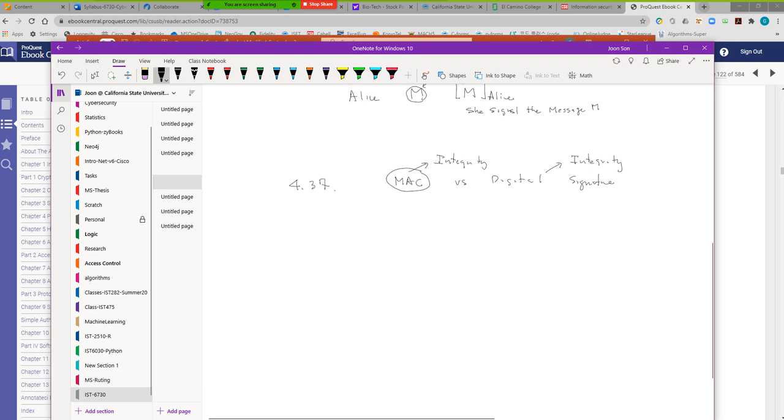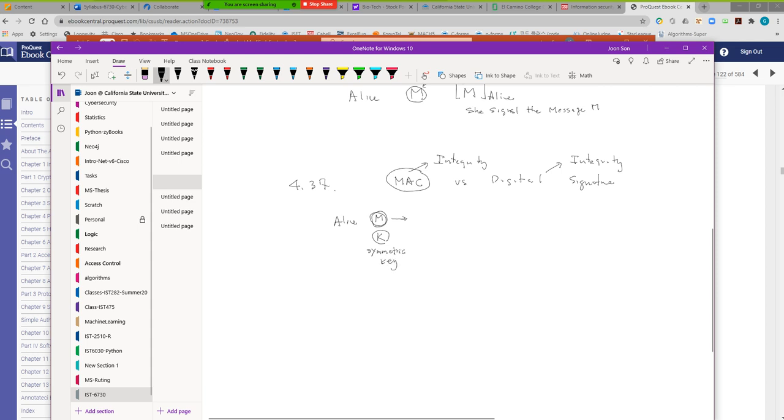Let's say Alice wants to create the MAC from the message M. She goes through the CBC block complicated procedure, but eventually from this message M and a shared key, she is able to compute it. This is a symmetric key, or the shared key, same thing.